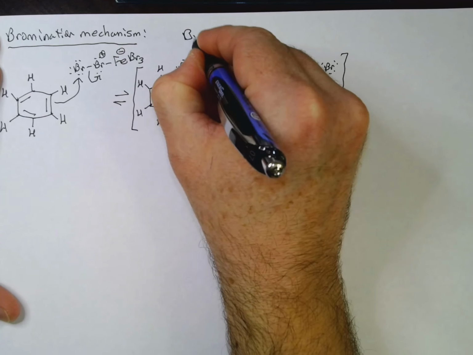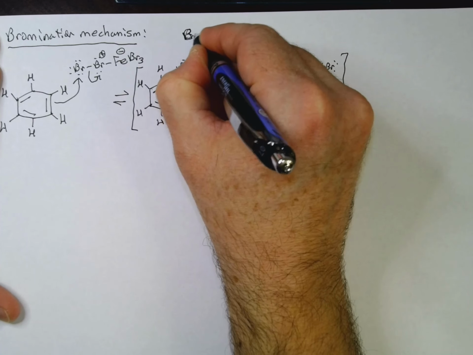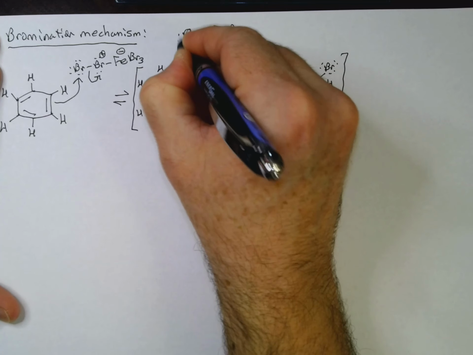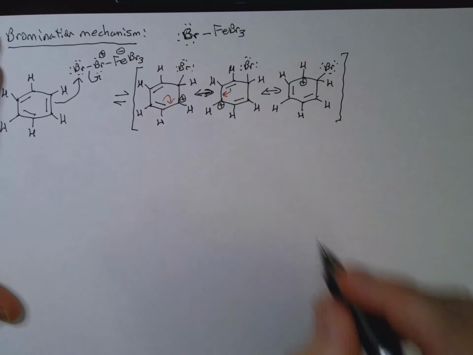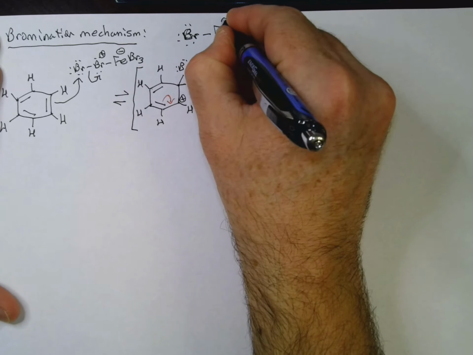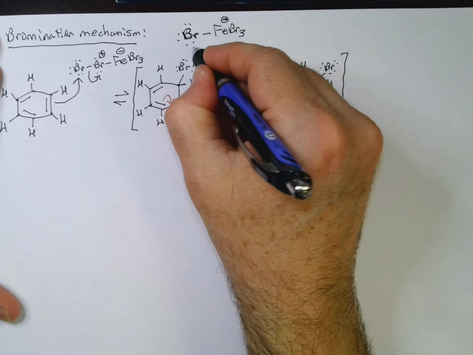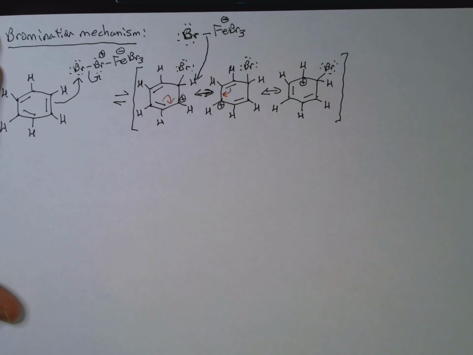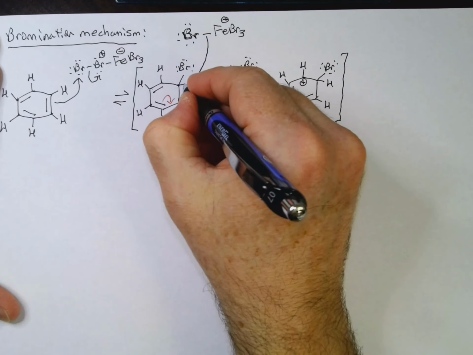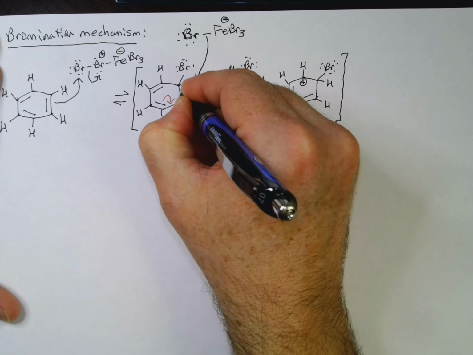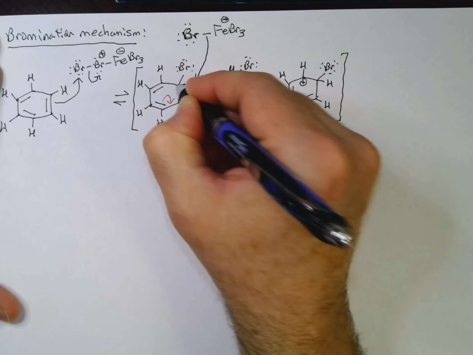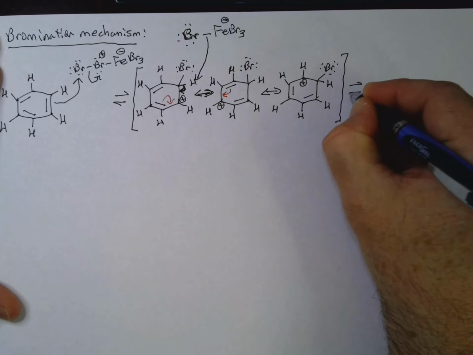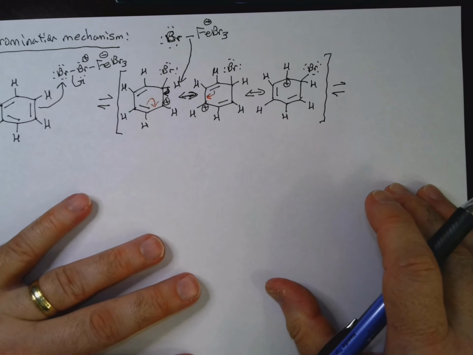In this case, it's our Br, FeBr3, and this comes along. We've got, again, our negative formal charge there, and it's actually electrons from that bromine, so it's essentially functioning like a Br minus. And now those electrons go down there like so. And that gives us now our final product.